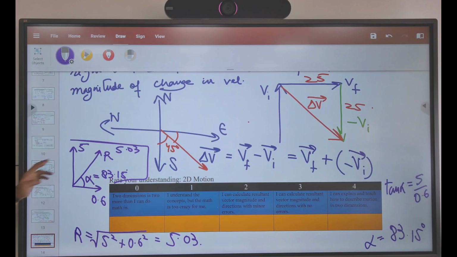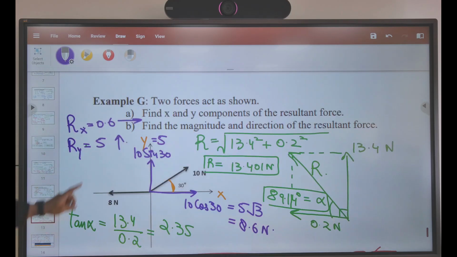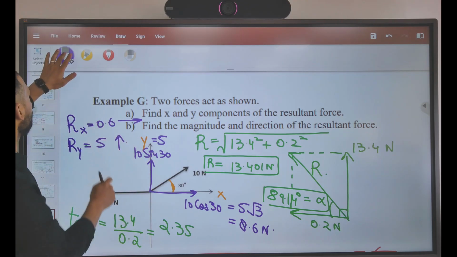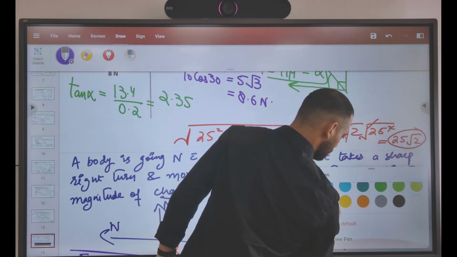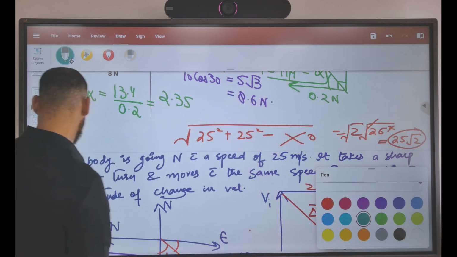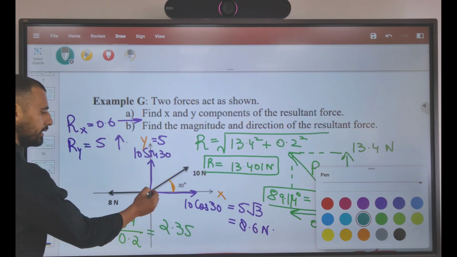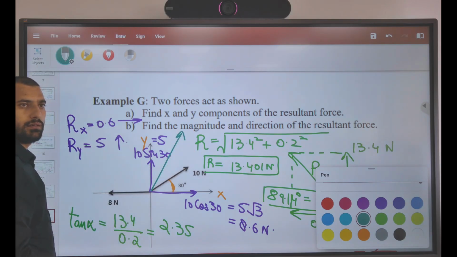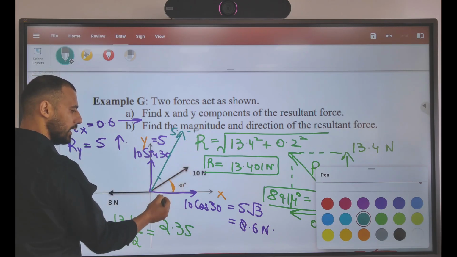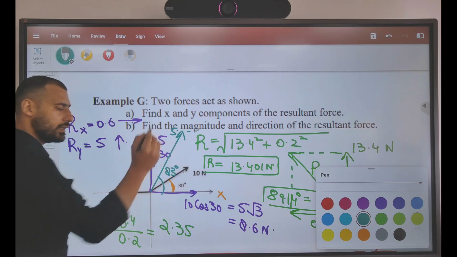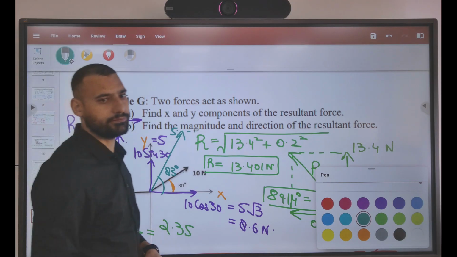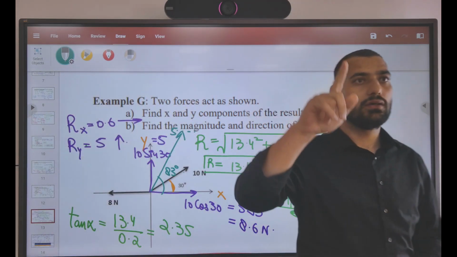Is that clear? So that means these two forces are effectively taking the body somewhere here, isn't it? With 5 point something and at 83 degrees. Is that clear? Yes. So that will be it. That is it for this problem.